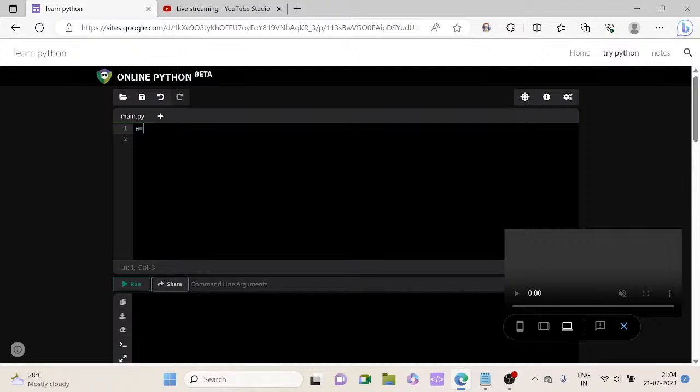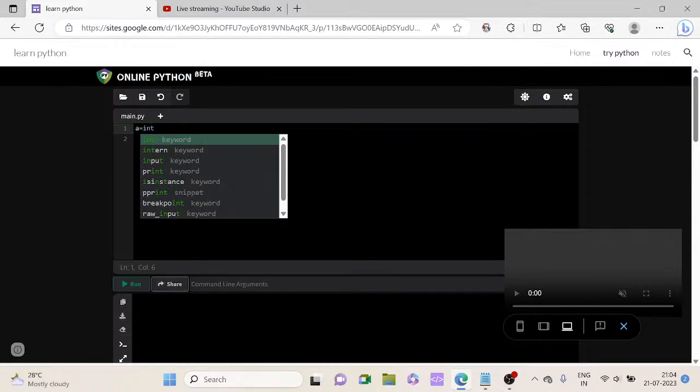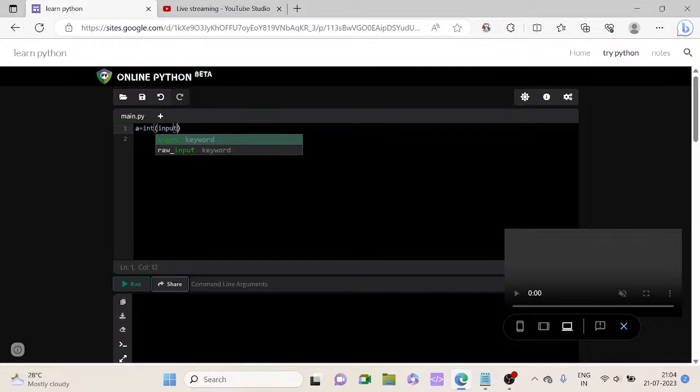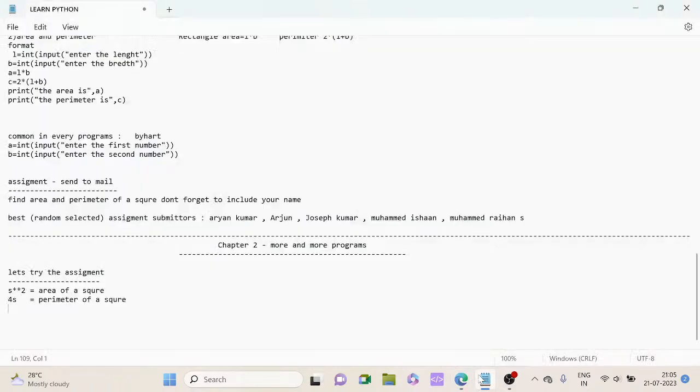So A equal to int bracket input bracket. Inside the bracket, the area of a square is s square. Means the area of a square is equal to s square.